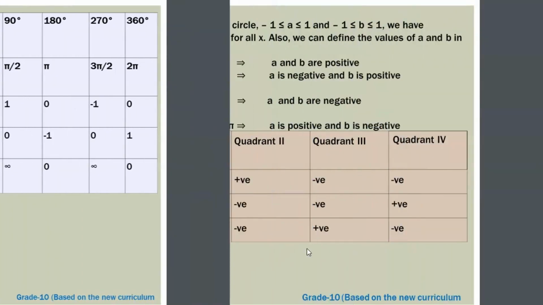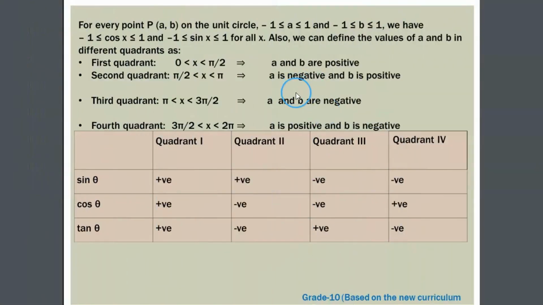Let us proceed to another topic. Related to what we have just seen, for every point P with coordinate (a, b) on the unit circle, for any angle, the terminal side lies at the point with coordinates (a, b).